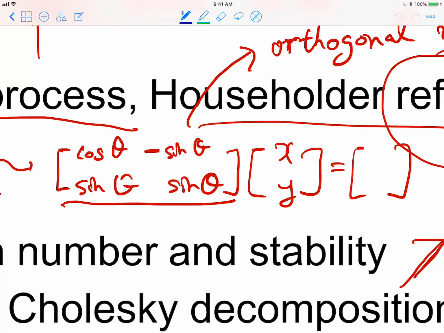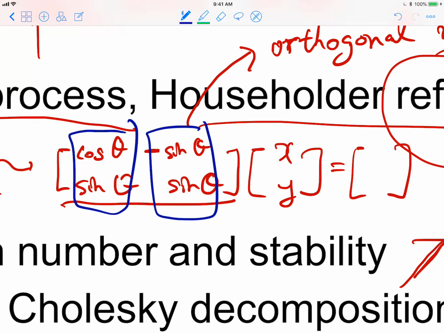We can also think of this matrix vector multiplication as being a linear transformation. We have these two columns, right? From what we studied in the previous slide, the first column is the function output of 1, 0, and the second column is the function output of 0, 1.